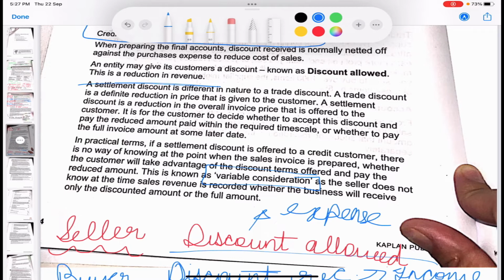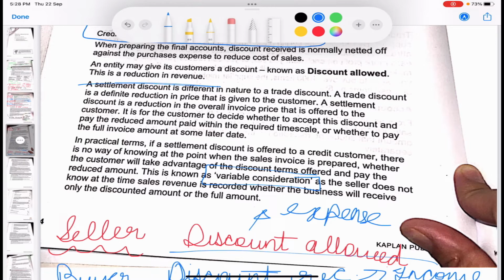You are not sure whether I will be giving you the money within 10 days or not. You can never be sure of it, right? That will only be sure when such a time occurs. So that is why we are saying that this is known as a variable consideration. So we need to consider both the situations.